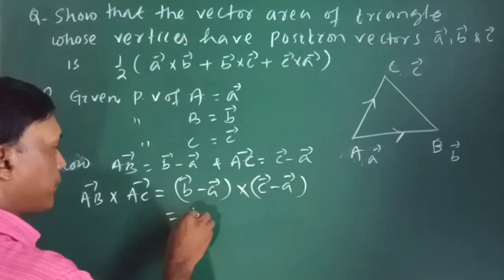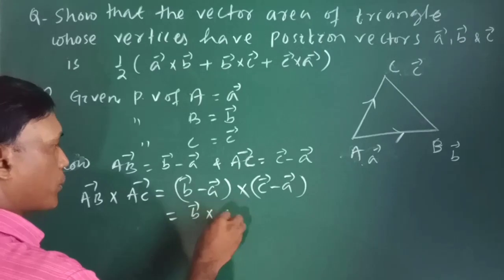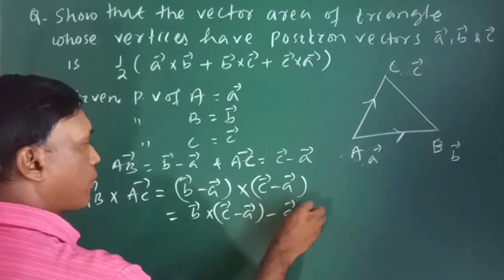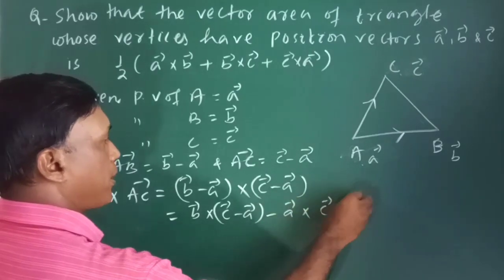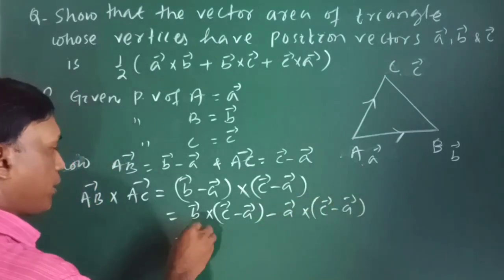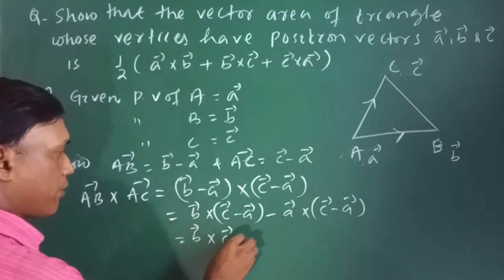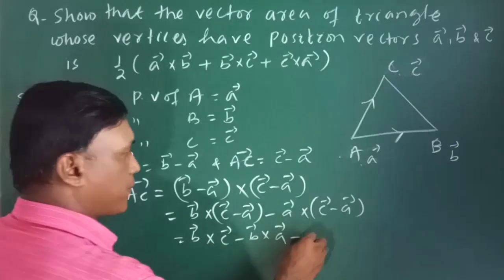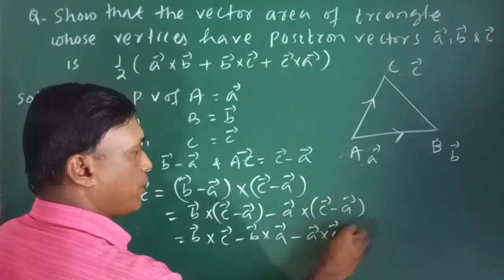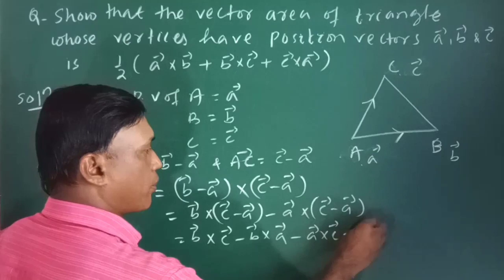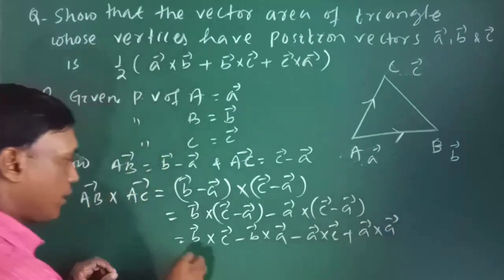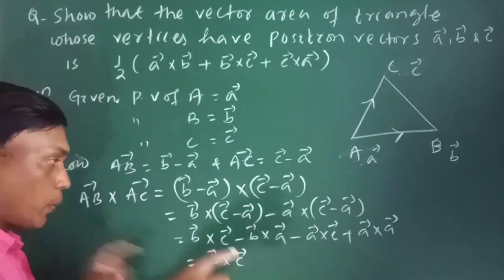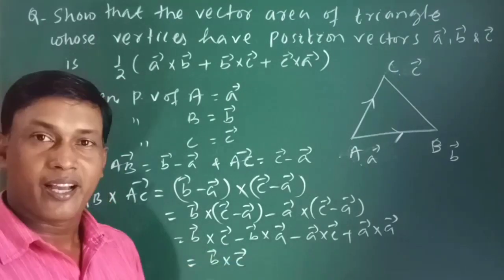Multiplying this we get B cross C minus B cross A minus A cross C plus A cross A. Here B cross C stays.